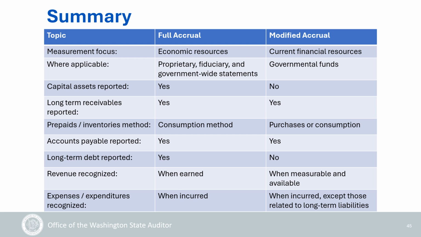Revenue is recognized when earned under full accrual, but under modified accrual, the revenue must also be measurable and available to be recognized. Expenses are reported under full accrual when incurred. Modified accrual also recognizes expenditures when incurred unless they're related to those long-term liabilities.